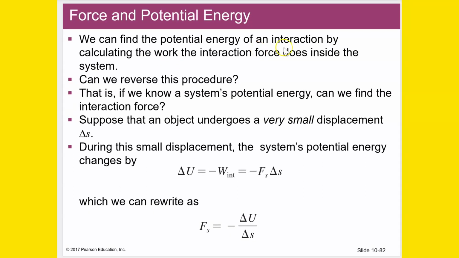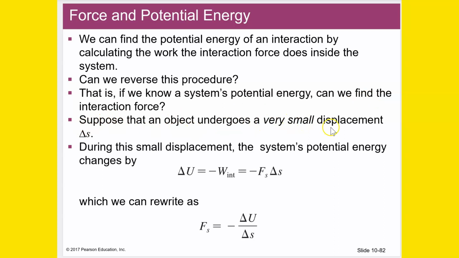We can find the potential energy of an interaction by calculating the work the interaction force does inside the system. Can we reverse this procedure? That is, if we know the system's potential energy, can we find the interaction force?